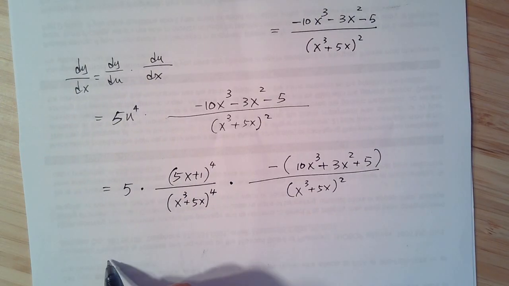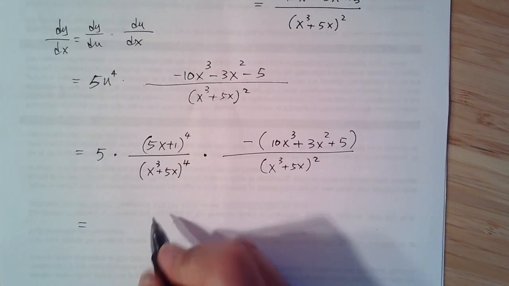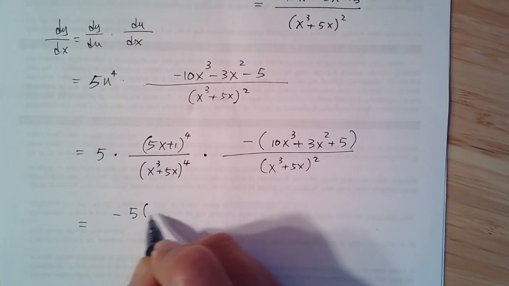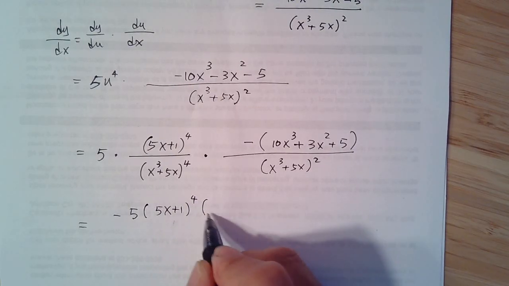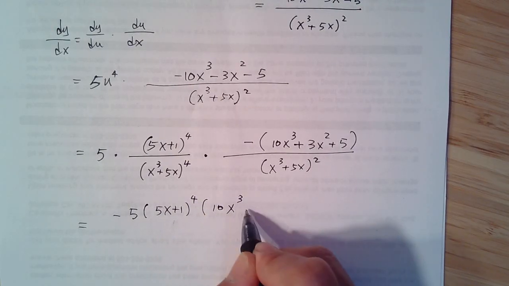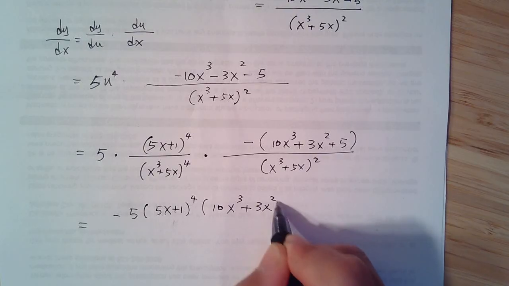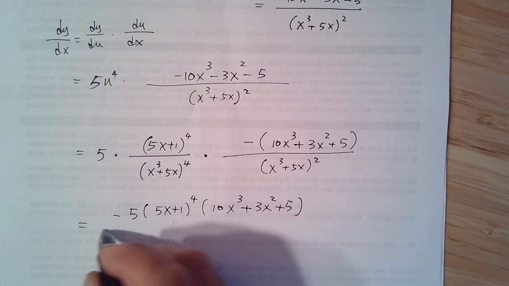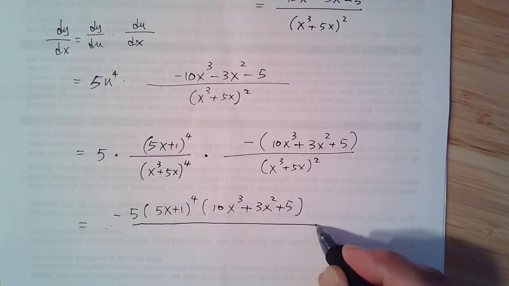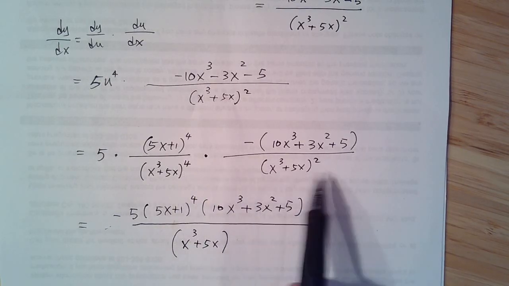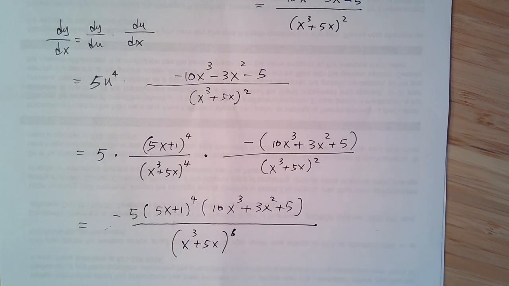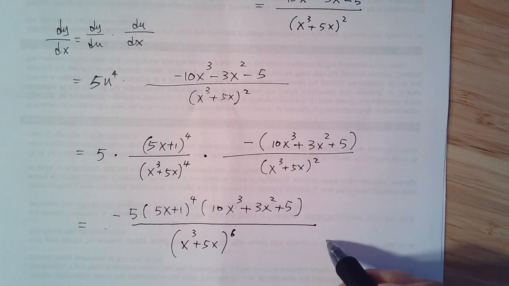Okay, so my final answer is negative 5 times 5x plus 1 to the fourth times 10x cubed plus 3x squared plus 5, divided by x cubed plus 5x. Okay, so I have a 4 here, I have 2 here, so I get a 6 power. Okay, so that is your answer.